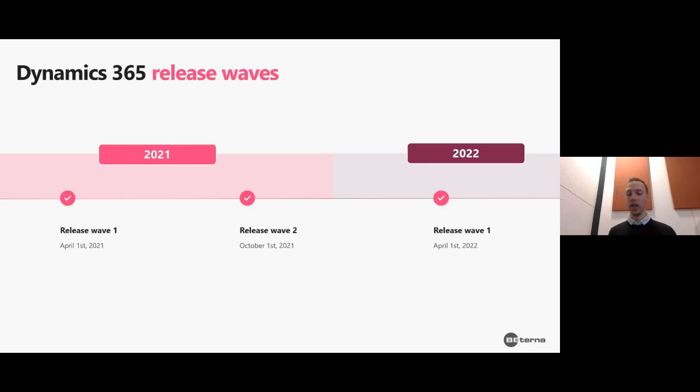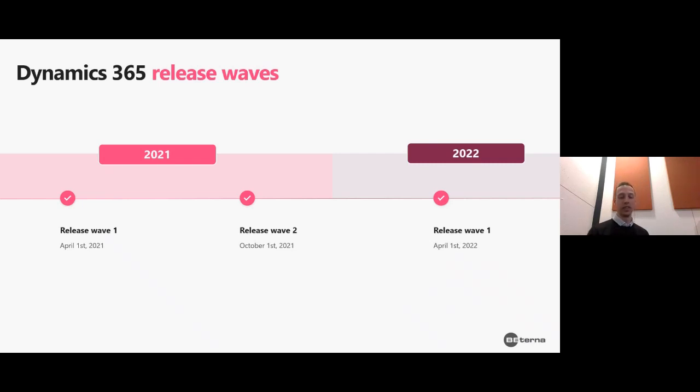So today, we'll try to be as visual as possible. We'll take a look at how the functionalities will actually look, but there are some functionalities where Microsoft just provided the description, so we will have to use our imagination and wait for them to actually be published. Maybe just an explanation why this is called a wave: not all of the functionalities will be applied in your environments directly on April 1st.